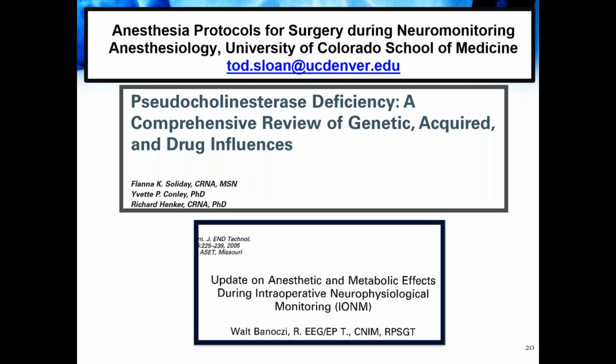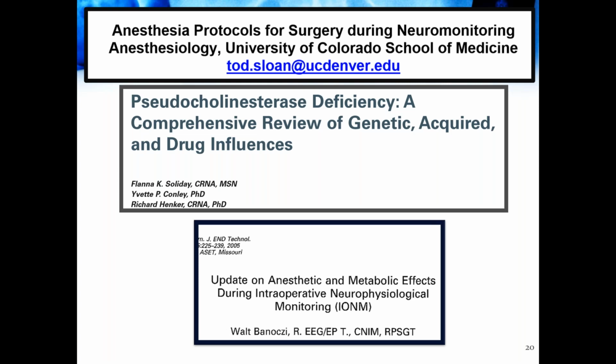Pseudocholinesterase deficiency, I have an article on that as well, but it has to do with the way that patients with this very specific genetic disease metabolize muscle relaxant. So this is a patient who could be intubated with sux, and 20 minutes later, when we expect to start doing our motors and our EMG, we don't have anything because they can't metabolize it off body.